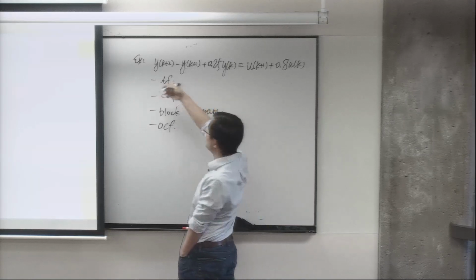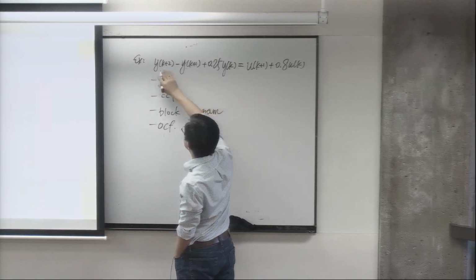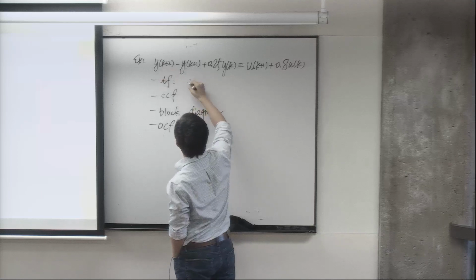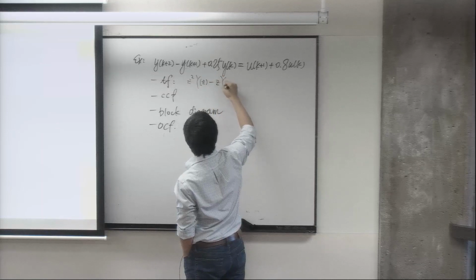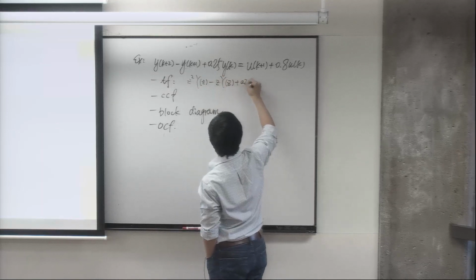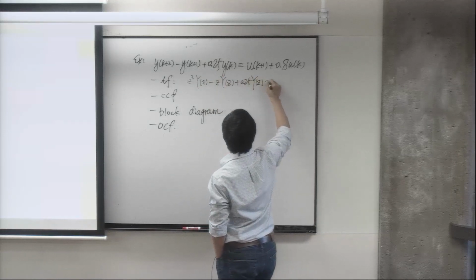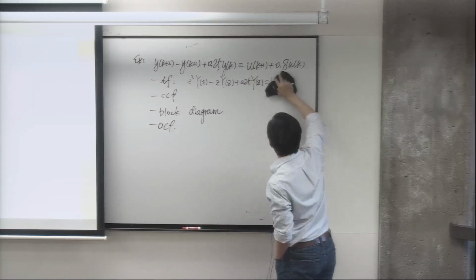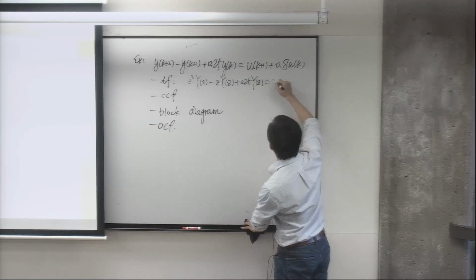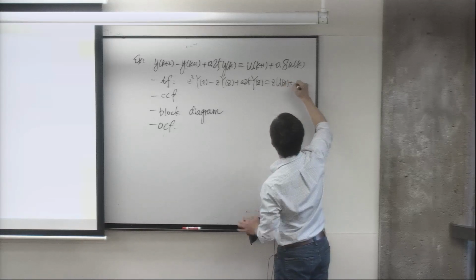You do z transform, assuming 0 initial conditions, then you get z squared Y(z) minus z Y(z) plus 0.25 Y(z) equal to z U(z) plus 0.8 U(z).